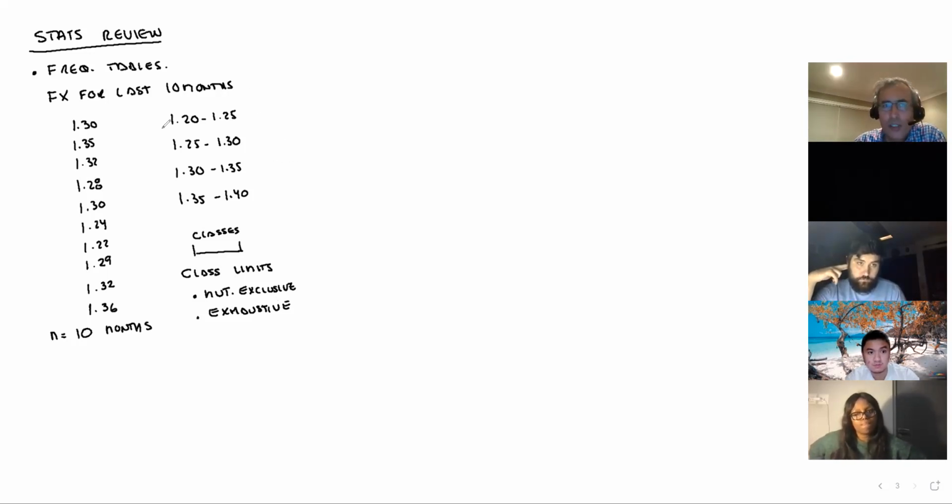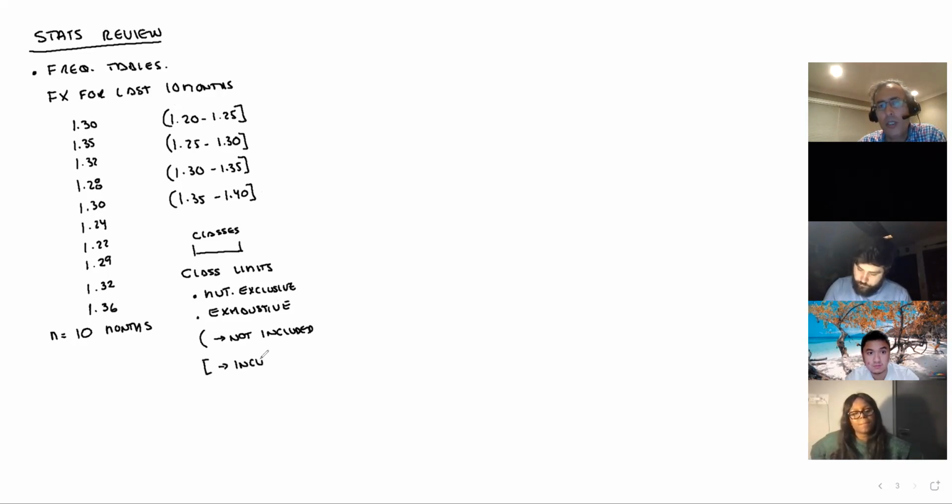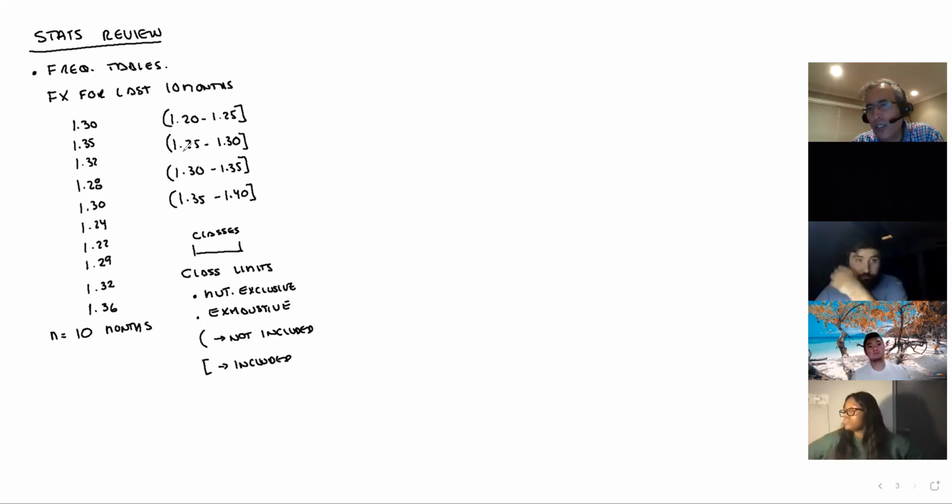That's why I will use this notation. Do you understand what it means? This end is not included, and this end is included. So, for example, 125 is included in the first class, and 125 is not included in the second class.